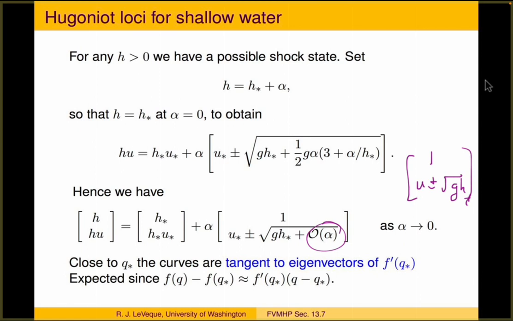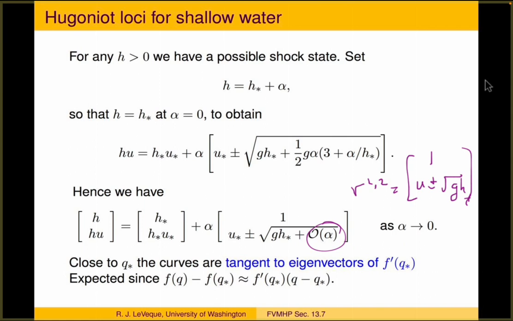And these are exactly the two eigenvectors, R1 and R2, corresponding to the minus sign and the plus sign. R1 and R2 are exactly the vectors 1, U plus or minus square root of GH.